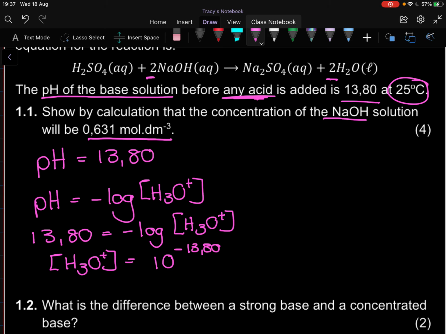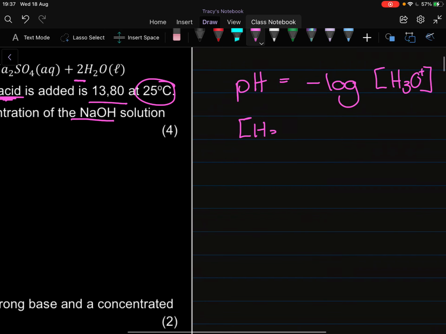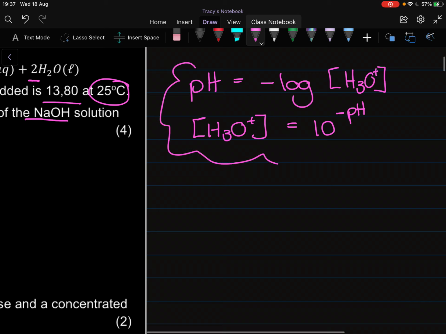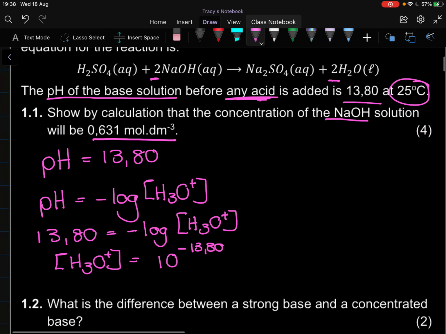Alright, so this is what I'm telling you: if pH is the negative log of the H3O plus concentration, then to get the H3O plus concentration, it's 10 to the negative of whatever the pH is. That's a very important thing to take note of. Okay, it's finding the inverse of the log. They're not going to give you the second part of that equation, so you do need to know that, alright?